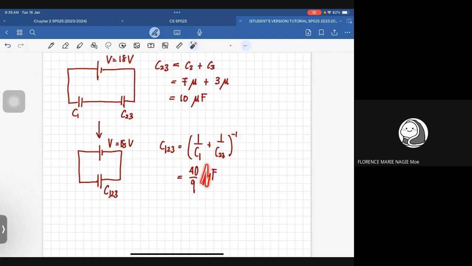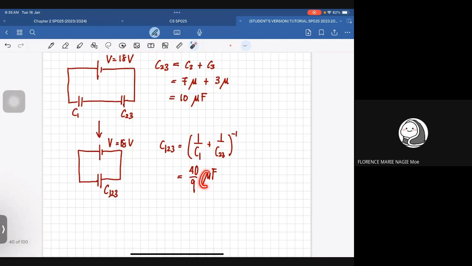Kalau kamu dapat mega, maksudnya kamu lupa bahagi the whole thing ni dengan 1 over. Okay, so ingat kamu kena ada to the power of negative 1, unit tu kena sama. Kalau sini sudah guna mu, jawapan akhir pun mesti mu. Okay, sangat jarang lah untuk dia dapat bukan mu. I mean, exactly the same dengan prefix yang dia bagi lah.